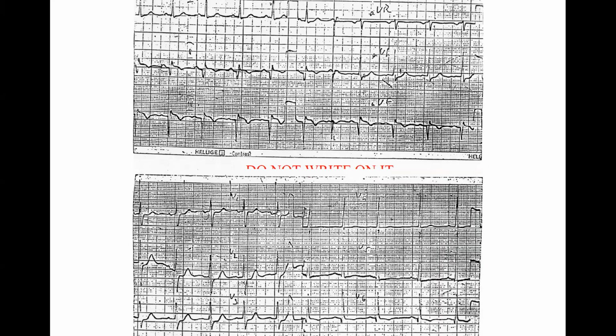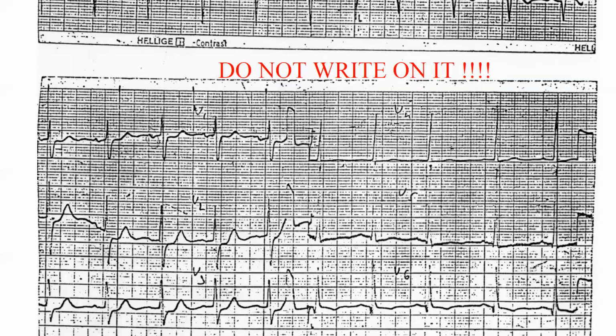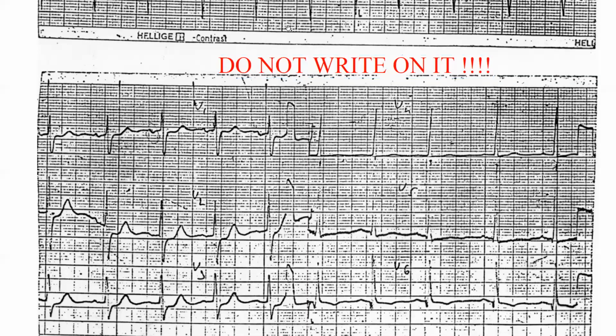And if we do have an inferior MI, we could have a posterior one. Can you see any sign of posterior? See how tall the R wave is here. Again, very similar to the previous one. In V2, the R is bigger than the S wave, and in V3 again.